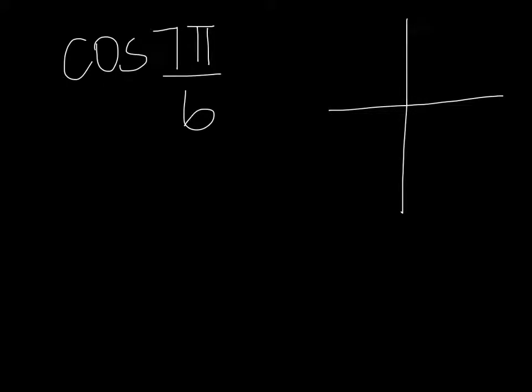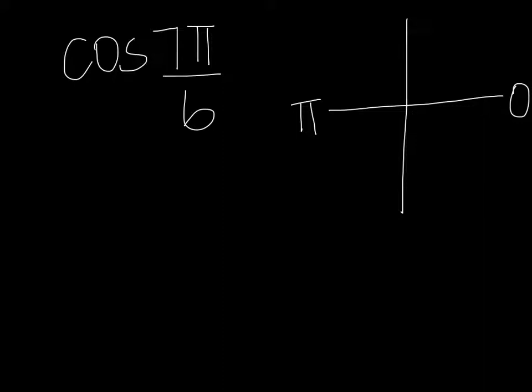Okay, let's try another one. This time we're working with cos of 7 pi on 6. Okay, so our first step is to put this on the unit circle. So mark in our quadrants, and we've got, this is pi, and this is 0.